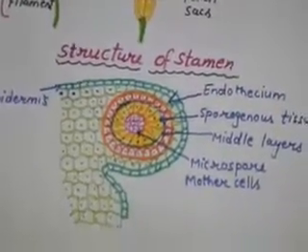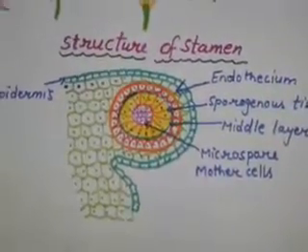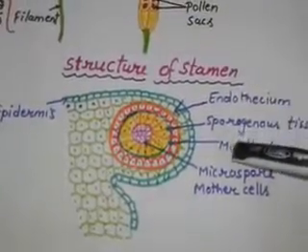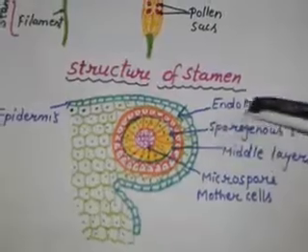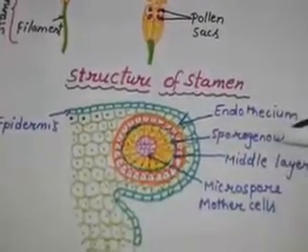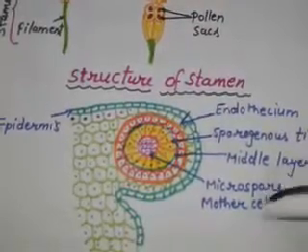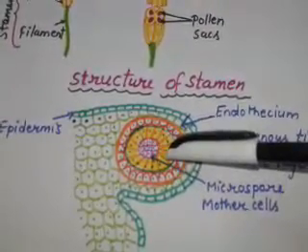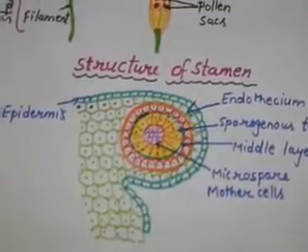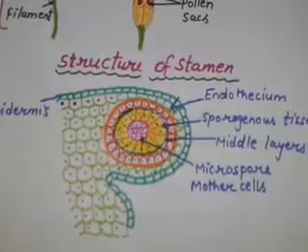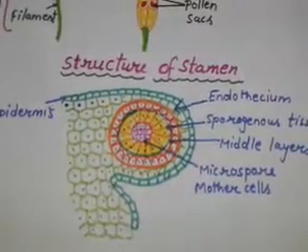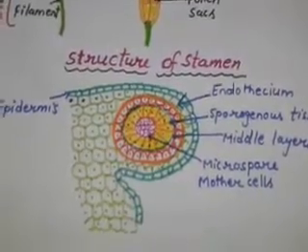And now look at this. Here you can see 4 kinds of cell, that is epidermis, endothecium, middle layer, and this yellow is tapetum. Okay, a tissue is present which forms pollen grain. Okay, and what is the name of this tissue?